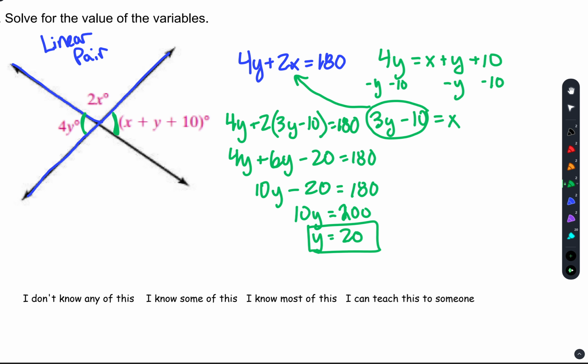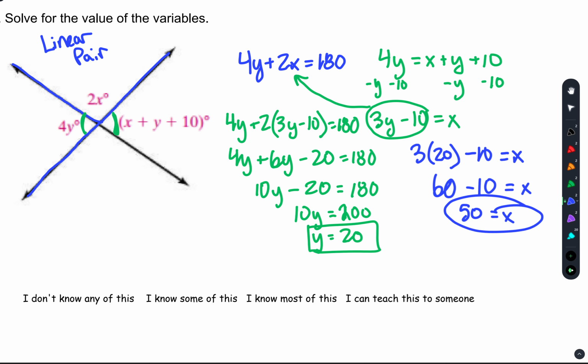Substitution, plug it back into one of my original equations. Let's plug it in over here to this one. 3 times y minus 10 equals x, which is 60 minus 10 equals x. Simplify, x is 50. All right, any questions on that? We're okay?